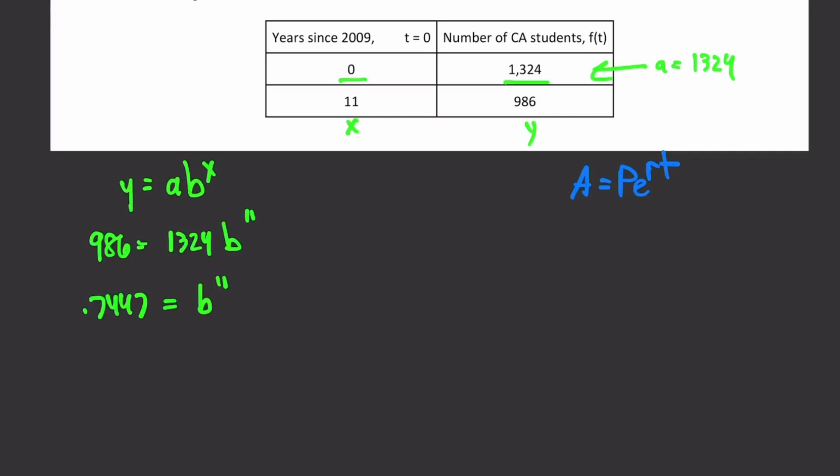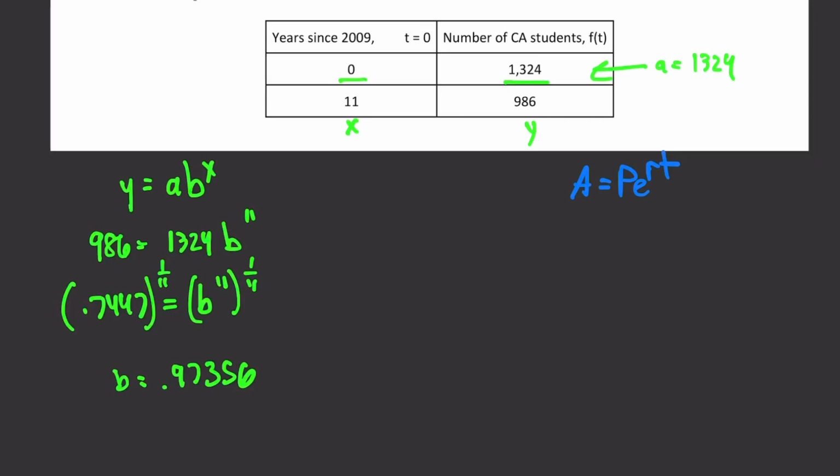And to undo an exponent, I'm not going to use a log here. I need to get rid of the exponent. I'm going to take the reciprocal exponent. So I take both sides to the 1 over 11th power. Okay, so what I get for my b value there is 0.97356. It doesn't say what to round to. It's generally a good practice in these situations to go at least 4 places.